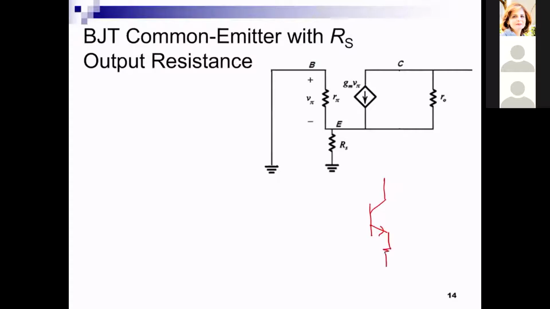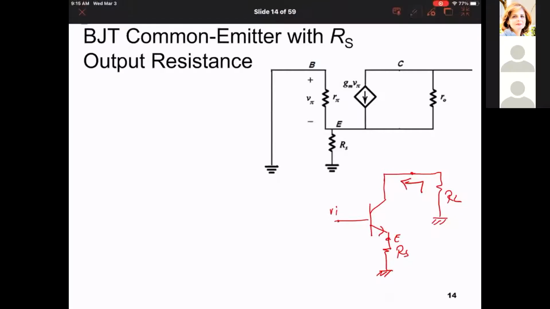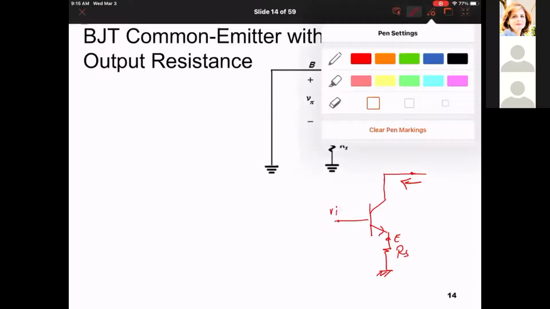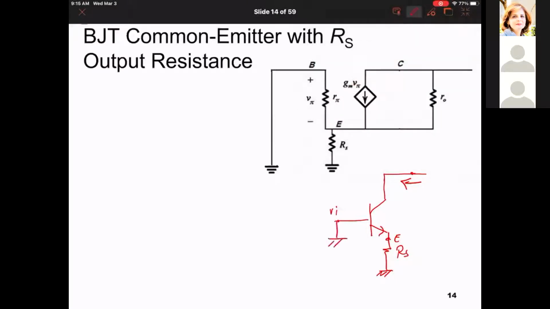I have here RS at the emitter node, and I have here Vn, and he's asking me, of course I had R load, but what do we do when we are studying R out? We look into the eyes of R load, so we really erase it, we remove it, and we set Vn to be equal to 0 when I find RO.